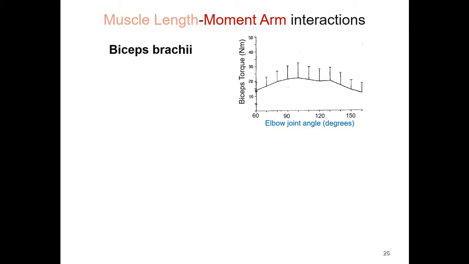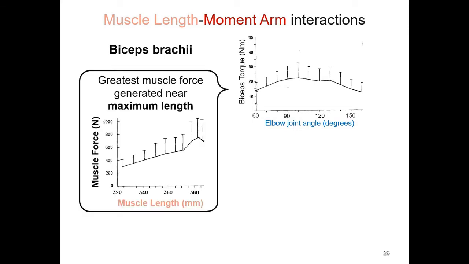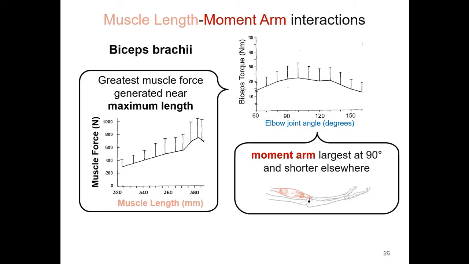The torque that we're seeing here depends upon the interaction of muscle length dependent changes in the forces produced by the biceps and joint angle dependent changes in the moment arm of the biceps muscle force vector. When we look at the graph of muscle force versus muscle length, we see that the greatest force is generated when the biceps is near its maximum length.